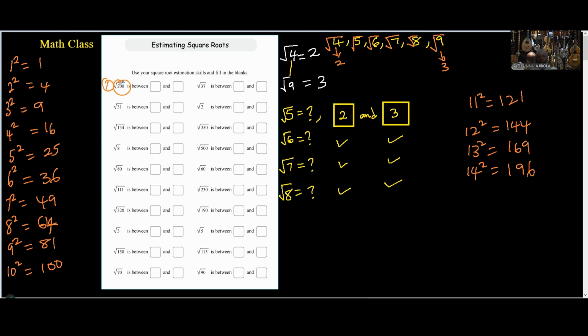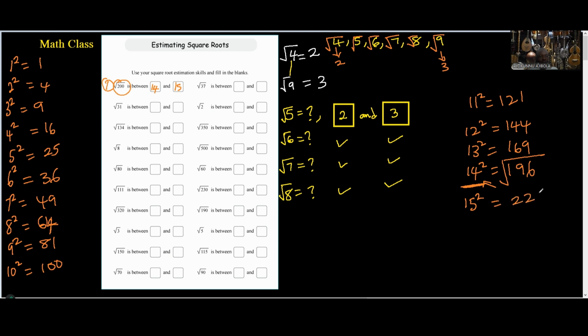So the square root of 200 cannot be less than 14, because the square root of 196 is 14. So this one will be between 14 and 15. If I find what number will have 15 as its square root, that will be 225, which is 15 square.